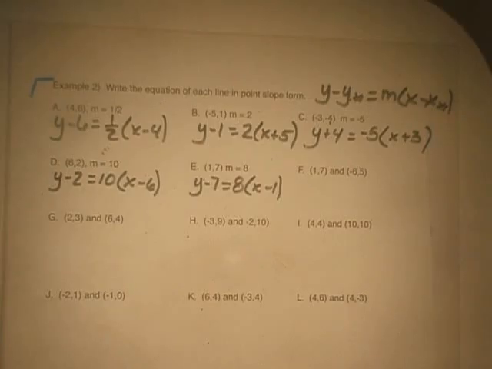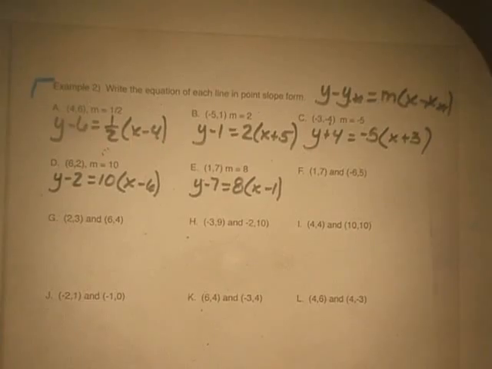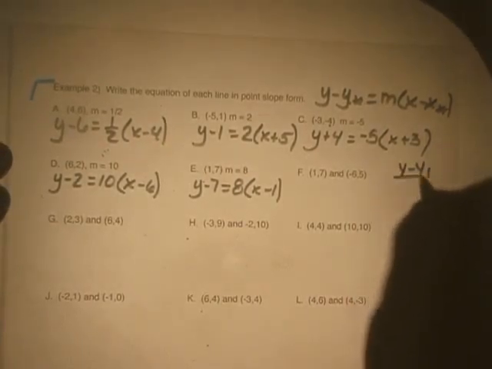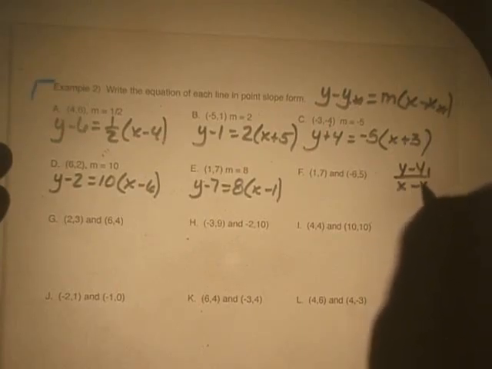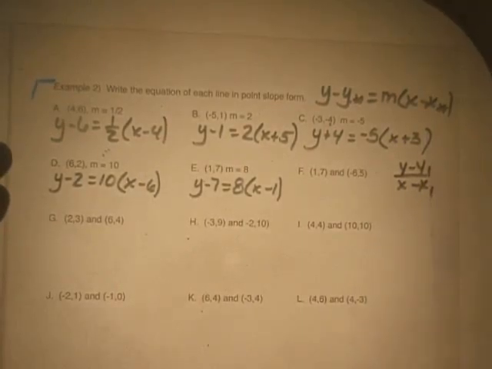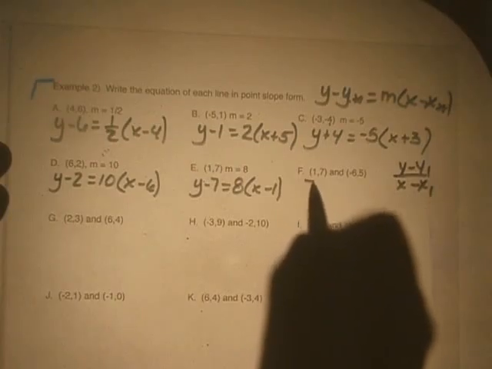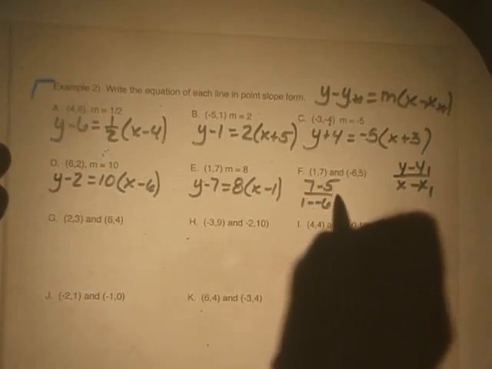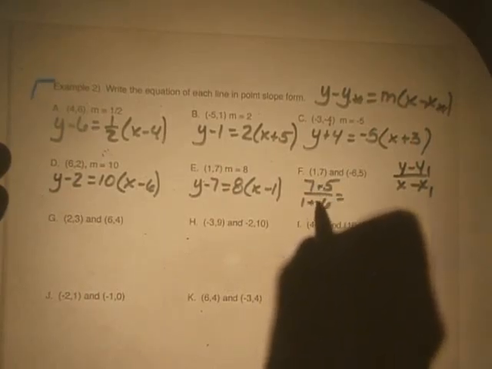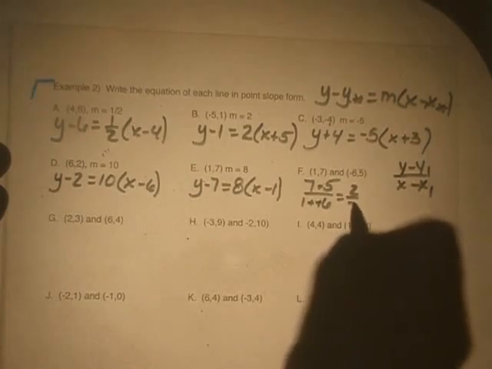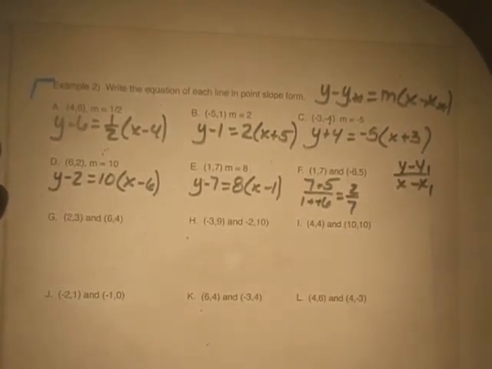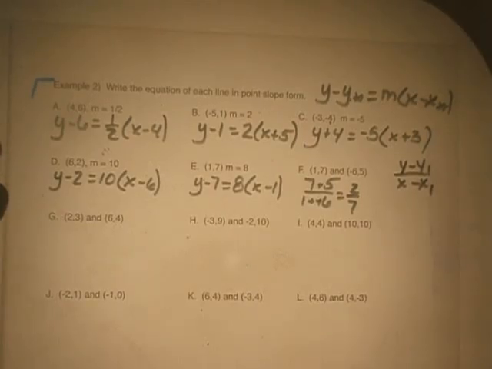Now these next examples, first thing we need to do is find the slope. And just a reminder, your slope formula, y minus y1, x minus x1. So I will do 7 minus 5, 1 subtract negative 6, and that becomes 2/7. And now we take that, and you can take either one of these points.